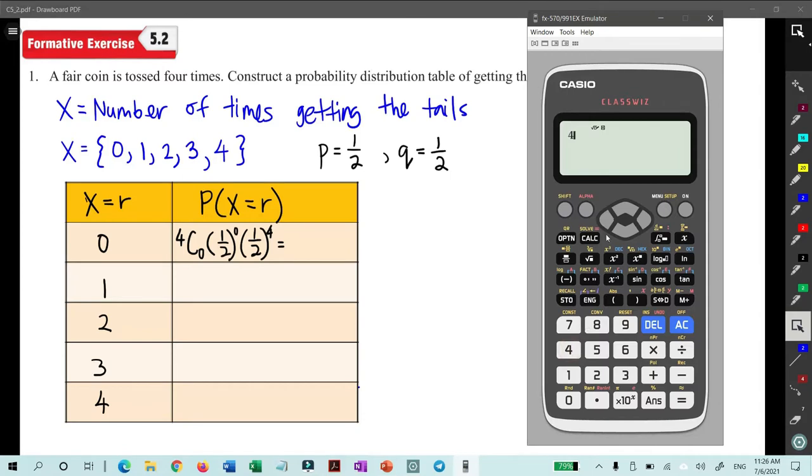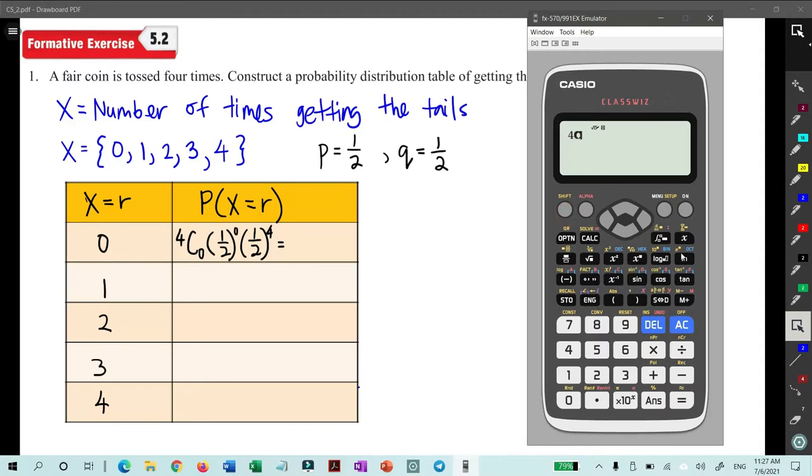So for 4C0 multiplied by 1/2 to the power of... I think I better change this to 4C x.